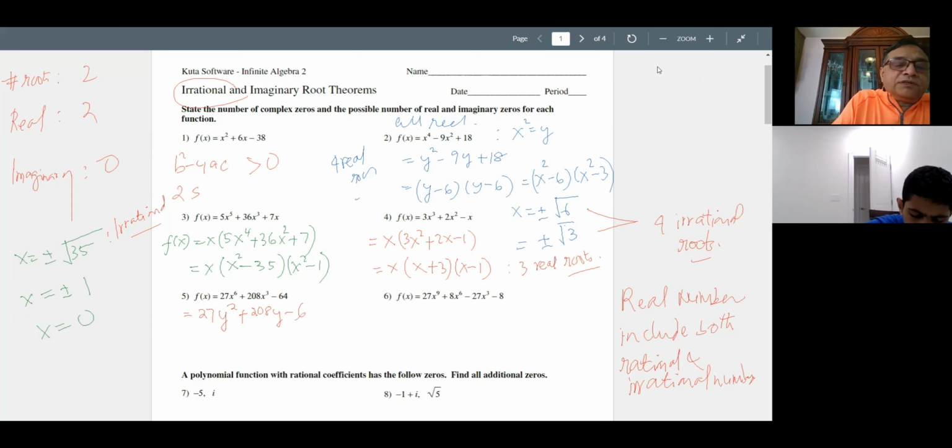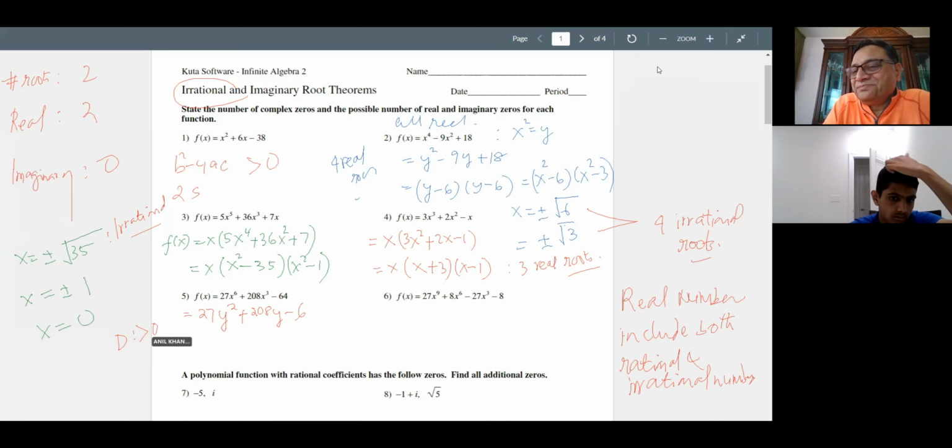Find the discriminant for this. Is it positive or negative? b squared minus 4ac. It's positive, greater than 0. That means we have real roots. Okay. How many real roots? What is the discriminant? Can you factor this now using a discriminant?